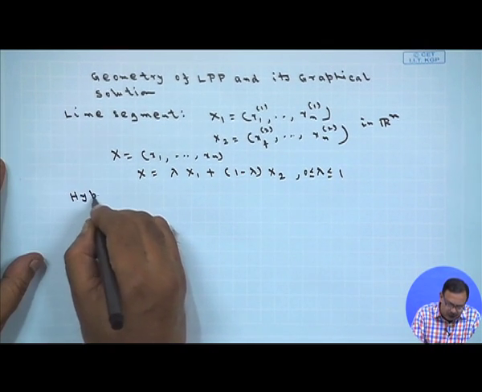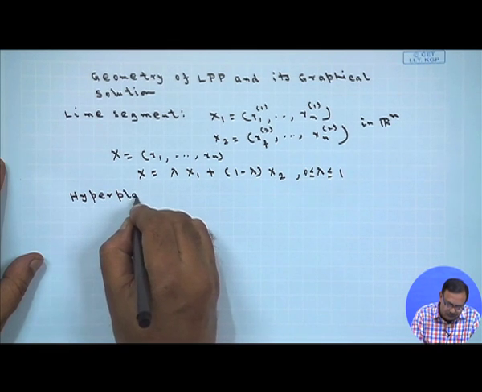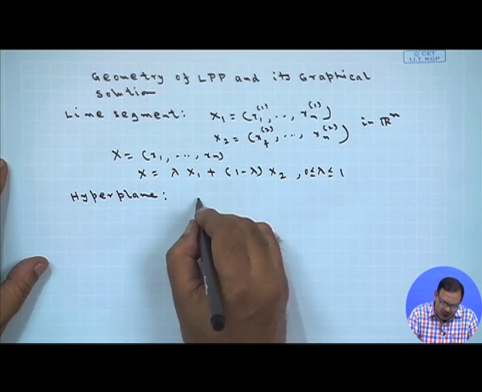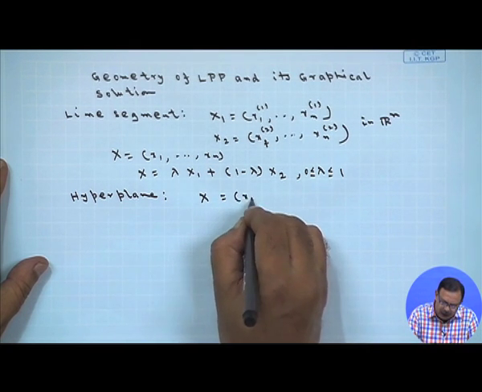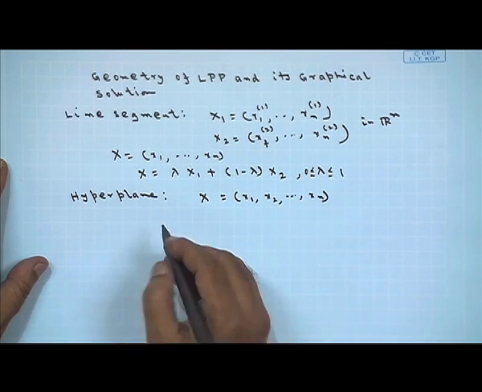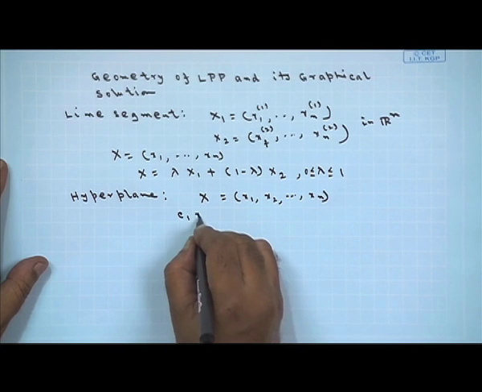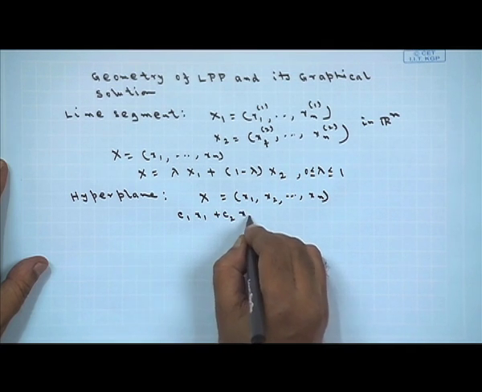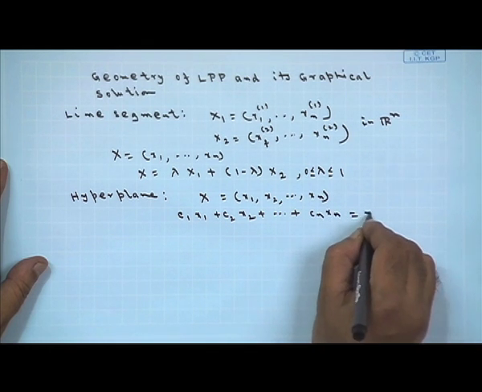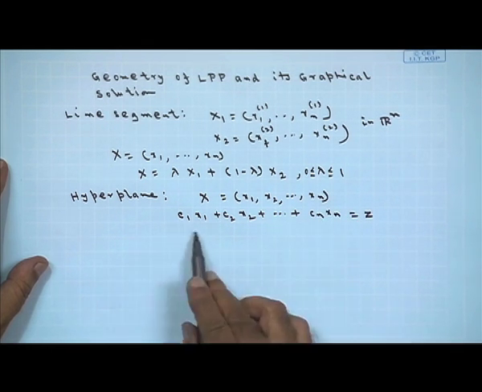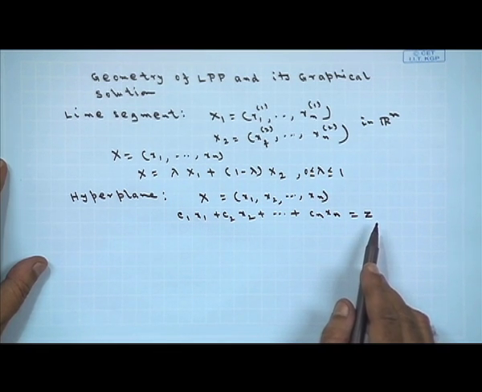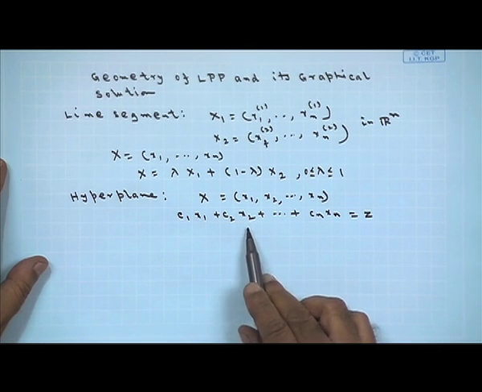Next one is hyperplane. You have a point x which is nothing but (x1, x2, ..., xn). If this point satisfies c1 x1 plus c2 x2 plus ... cn xn equals z, then this equation represents one hyperplane for given values of ci's and z.